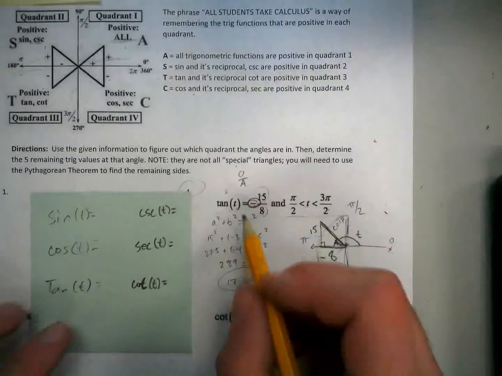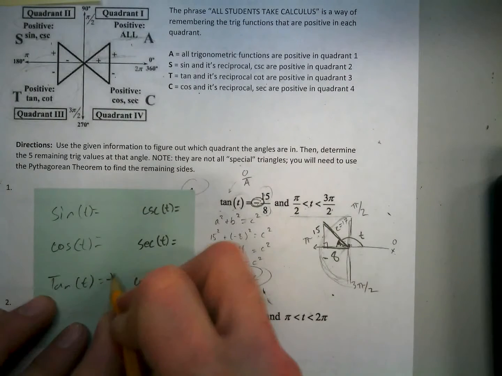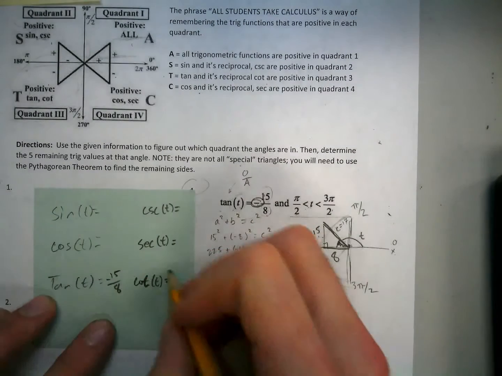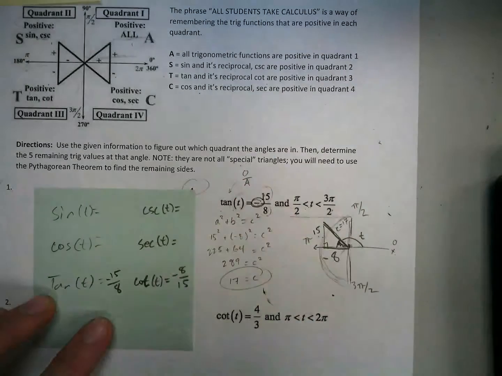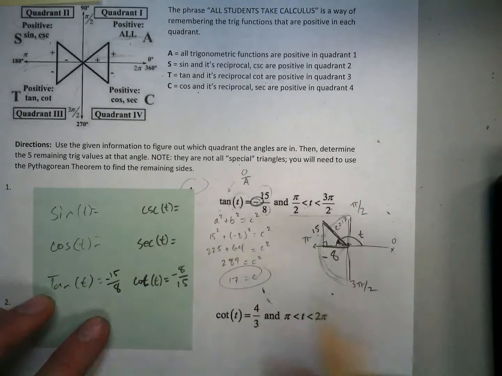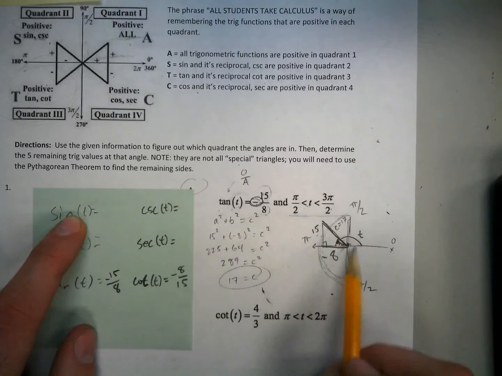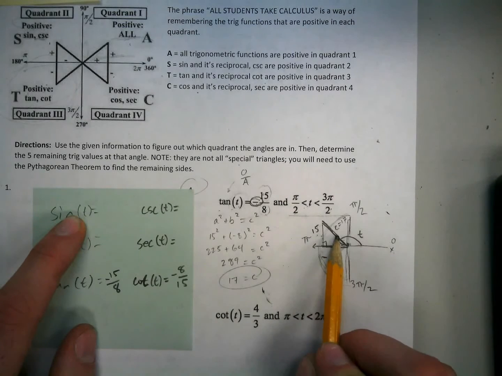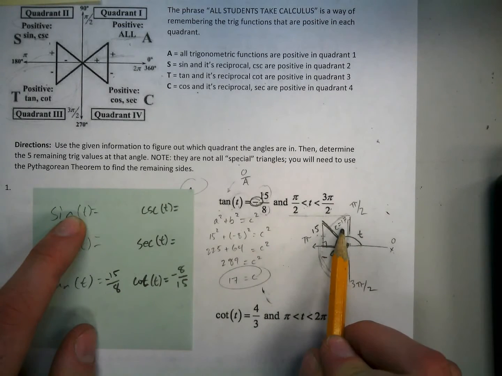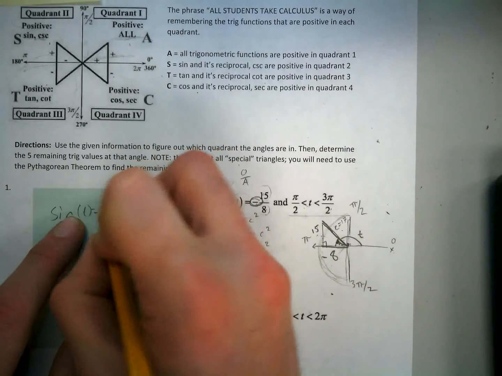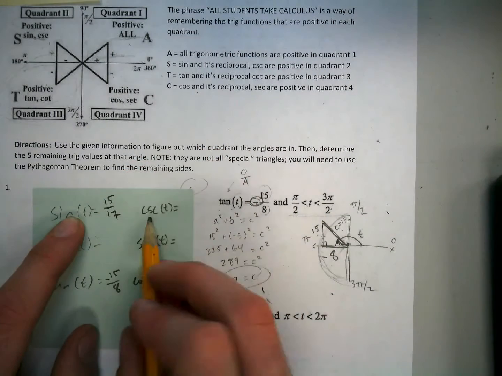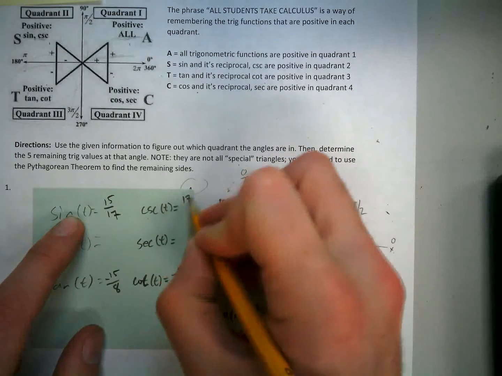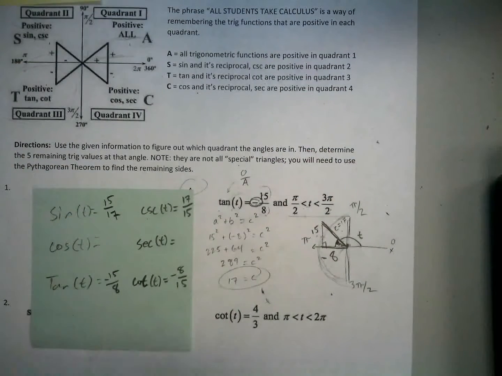All right, let's use our triangle and the sides that we have. They already gave us tangent, so let's put that there. Negative 15 over 8, which means cotangent would be negative 8 over 15. You just flip them, the reciprocals. Sine, opposite over hypotenuse, 15 over 17. Which means its reciprocal, cosecant, would be 17 over 15.